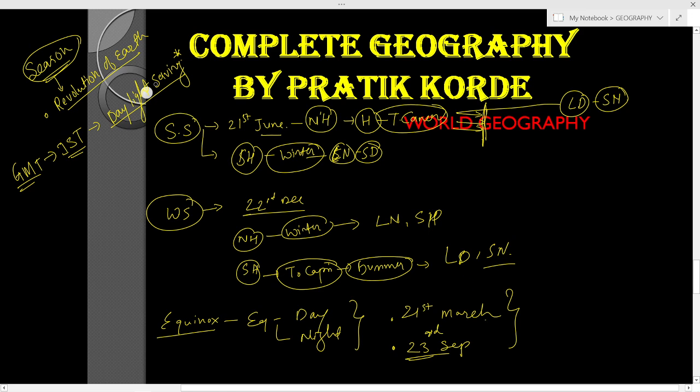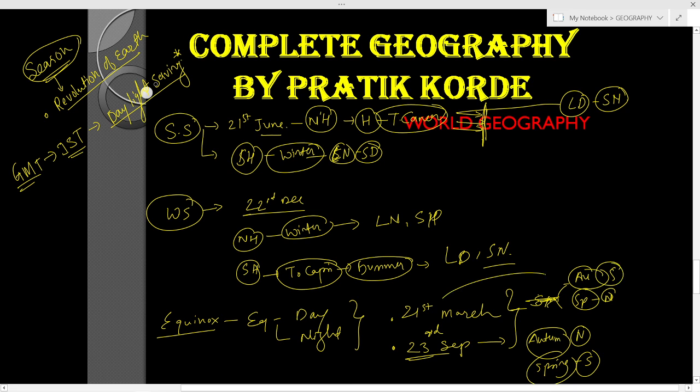When it is 23rd September, it will be autumn in the northern hemisphere and spring in the southern hemisphere. Exactly the opposite in March: it will be autumn in the southern hemisphere and spring in the northern hemisphere.